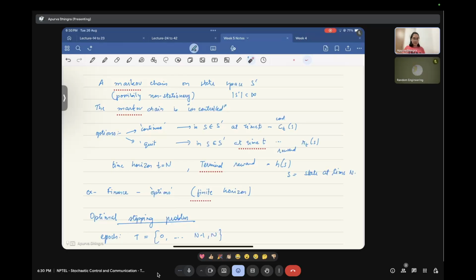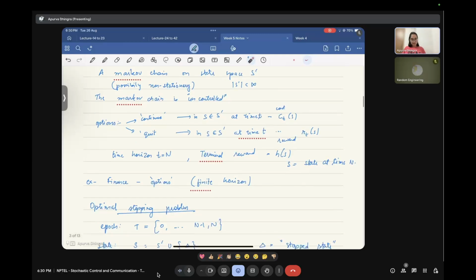It might even incur a cost, but let's just call it a reward, and that is H(s). In the example that I'm saying, again, it'll depend on the initial s0 you started with and whatever state or stock price it is at right now. Okay. So one of the examples could be in finance, in option trading, or in finite horizon problems.